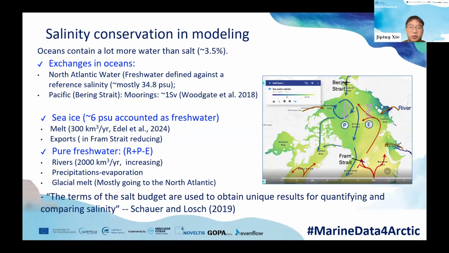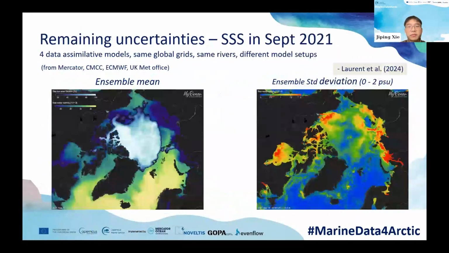But in a recent paper from Sarah Lodge, they recommended that budgets be used to obtain a unique result for quantifying and comparing the salinity, because defining the reference salinity always confuses the fresh water. Based on this recommendation, we should know how accurate the salinity is.